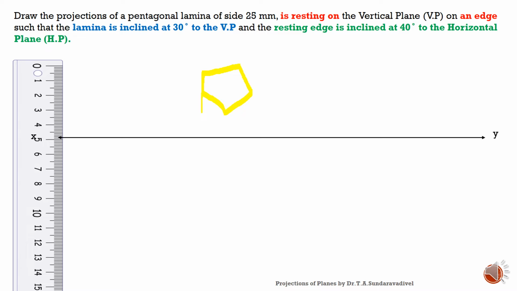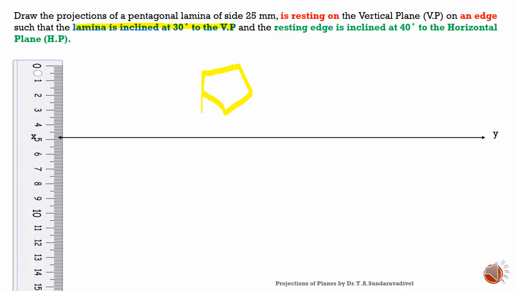We have to take an edge to the left, and though the surface of the lamina is inclined to VP, we are going to draw the true shape in the front view that we studied in the earlier slide. The lamina is resting on an edge, so we take an edge to the left and draw like this. That is our intention.